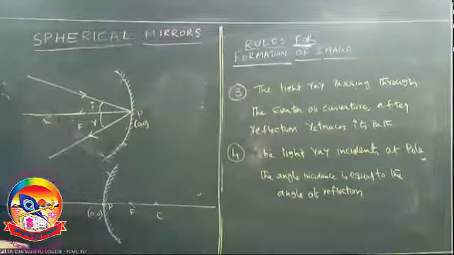The angle of reflection, the angle between the normal and the reflected ray, is also equal to theta, because according to the law of reflection, angle i is equal to angle r. So if the angle of incidence is theta, the angle of reflection is also theta.